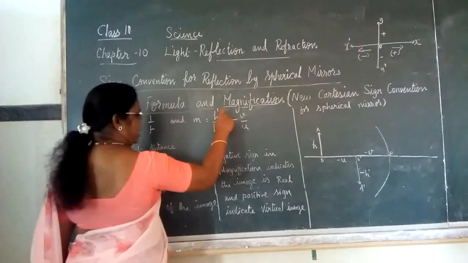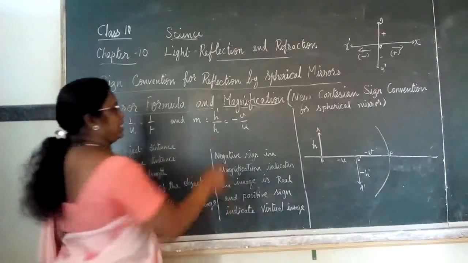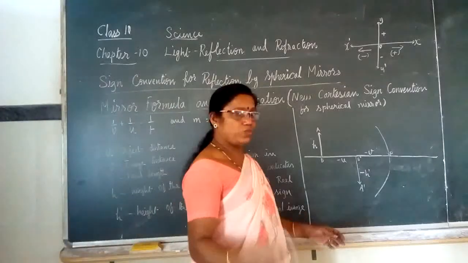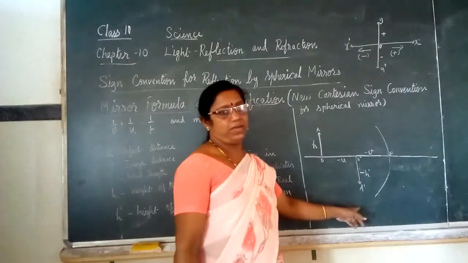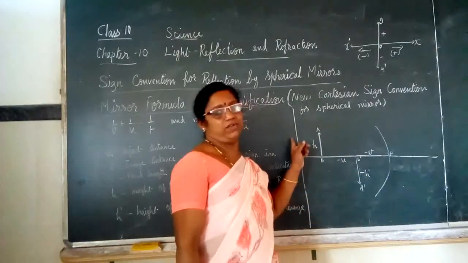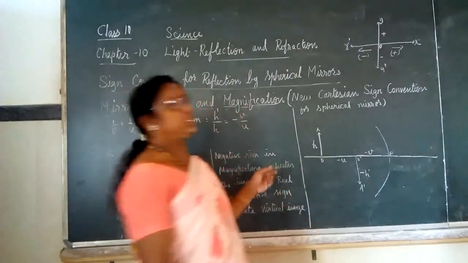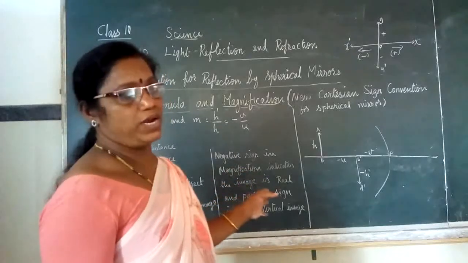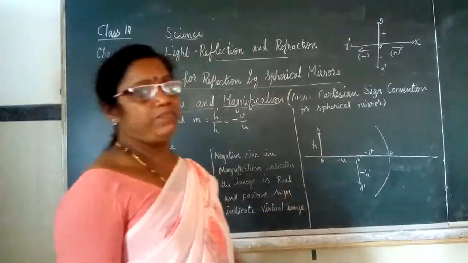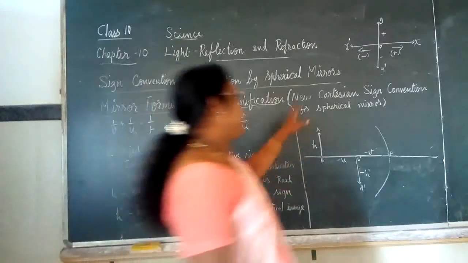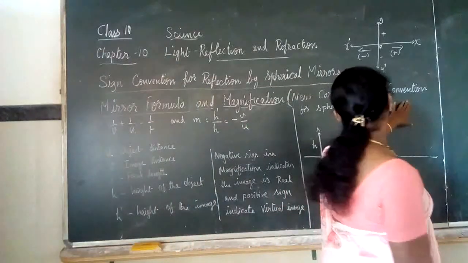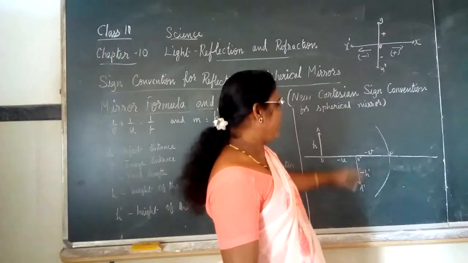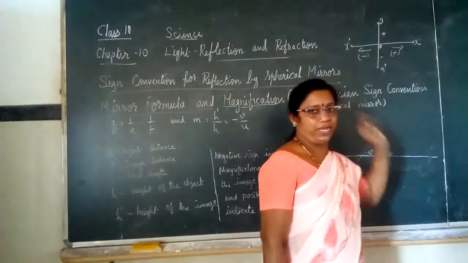So this shows how big or how small the image is compared to that of the object. So this is how we can find out the formula to calculate the focal length of the given mirror using the new Cartesian sign convention. This is named as Cartesian sign convention because we are comparing it with the Cartesian plane.